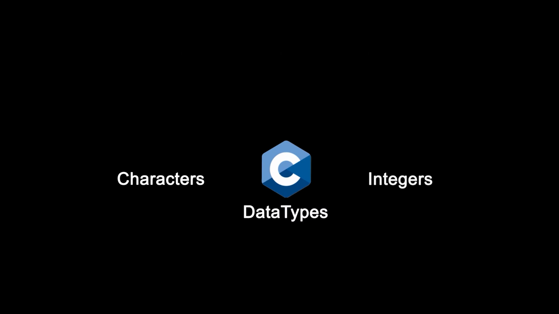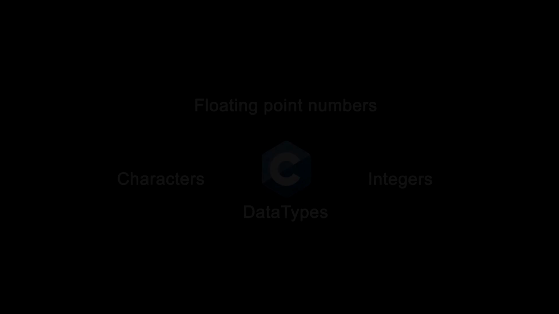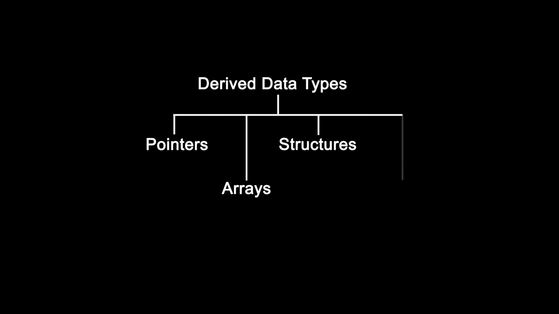By contrast, C provides a variety of data types. The fundamental data types are characters, integers, and floating point numbers of several sizes. In addition, there is a hierarchy of derived data types created with pointers, arrays, structures, and unions.